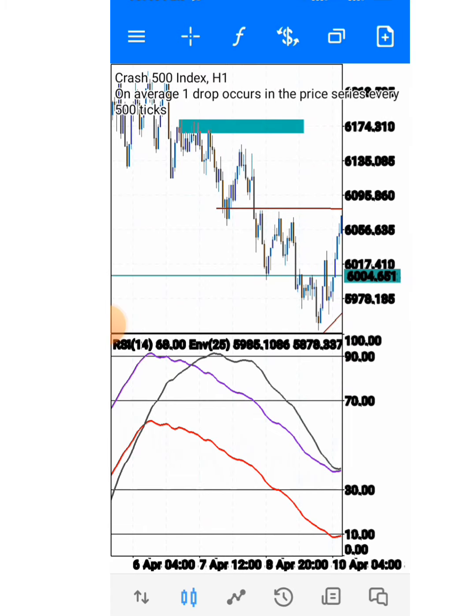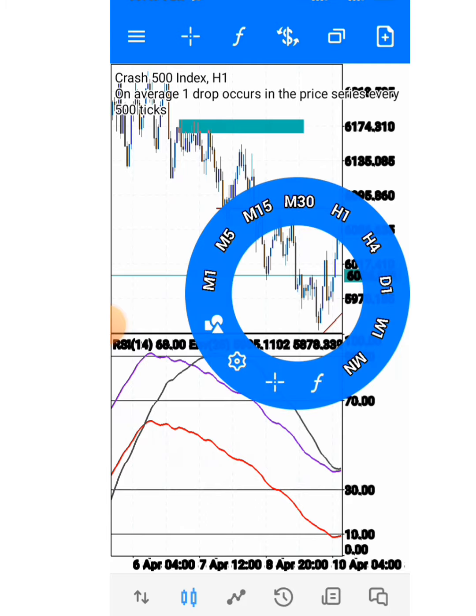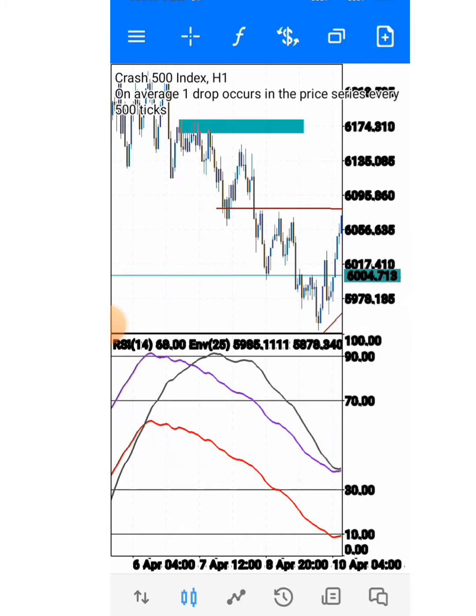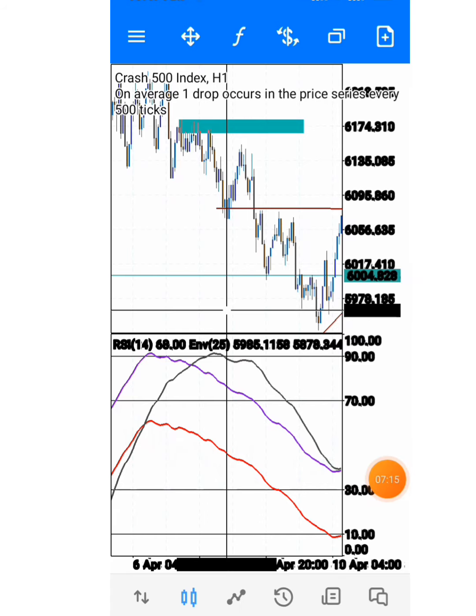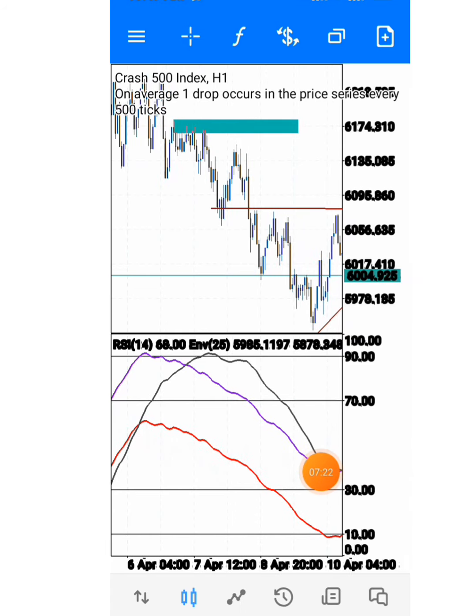So in conclusion, the overall summary. In selling, blue and black crossover at the 90 level of RSI. Your TP is when the same black and blue cross again, that is when you are expected to take the TP of your sell trade.